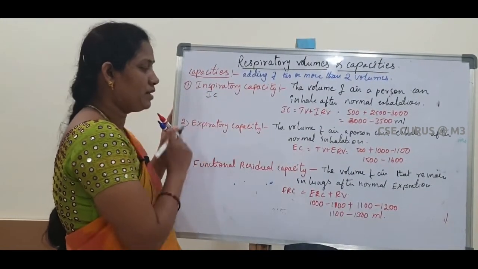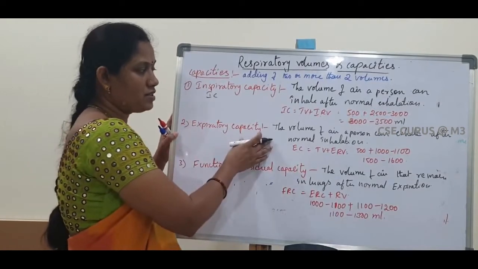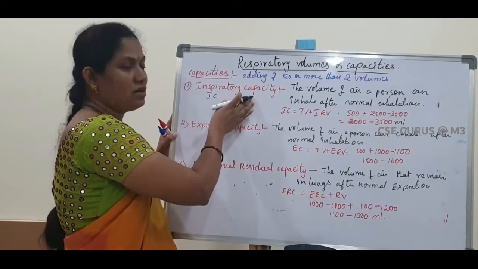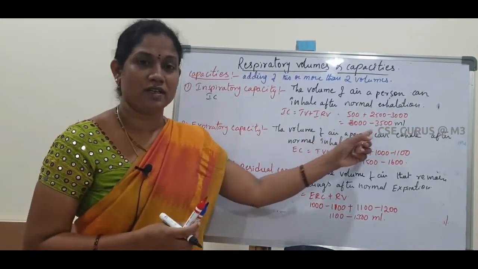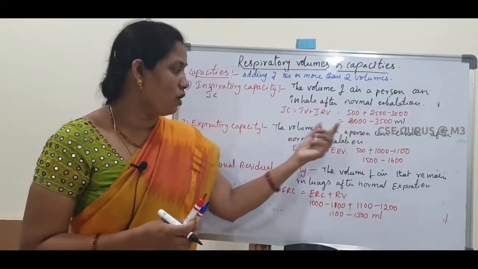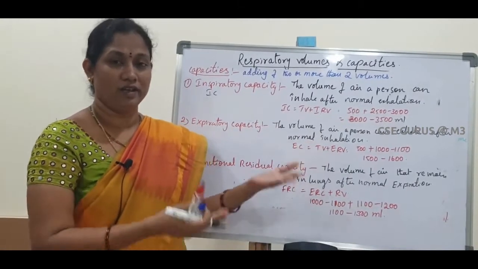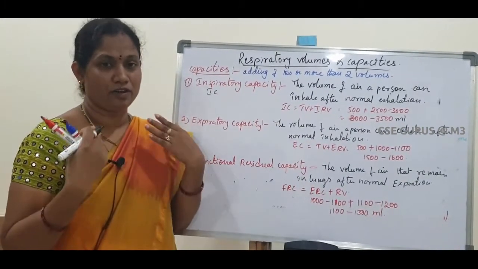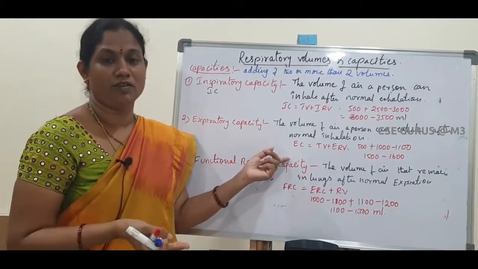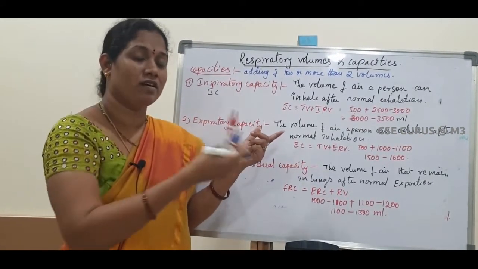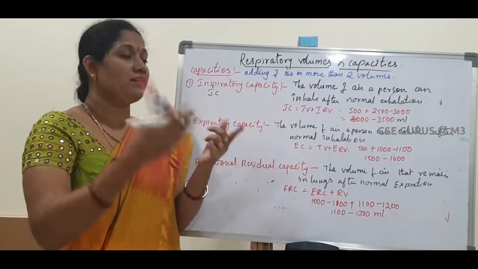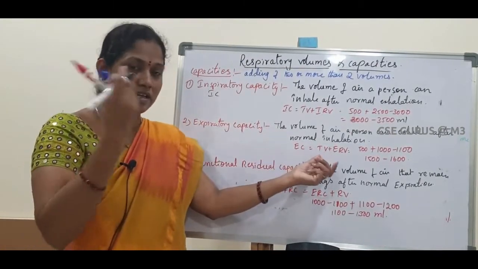Then expiratory capacity, which is the opposite of inspiratory capacity. It is the volume of air a person can exhale after normal inhalation. After normal inhalation, the TV volume enters inside. How much air can I release? The TV volume I can release.